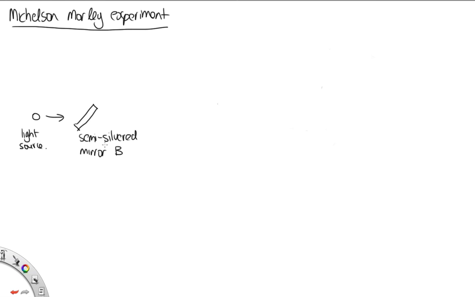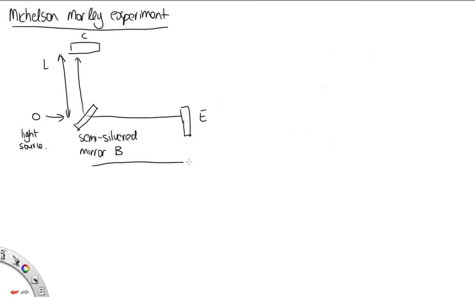This is at B, and so this reflected some of the light up to a mirror here at C and let some of the light rays through it to another mirror over here at E. Now the distance from B to C is given by L, and the distance from B to E is also given by L. These are the same distances.